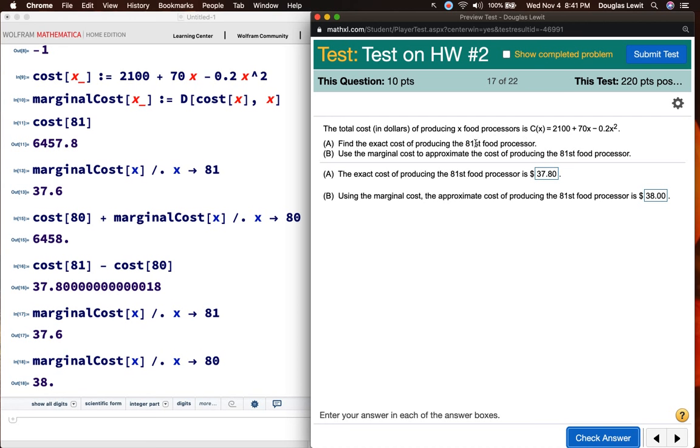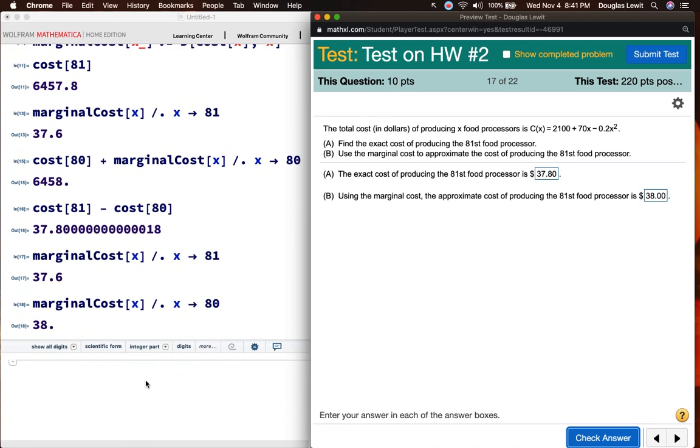They're giving you the total cost function, which is given by C of X is 2100 plus 70X minus 0.2X squared. My mistake was in misreading part A. Part A is not find the total cost of producing 81 food processors. The question is find the exact cost of producing the 81st food processor.